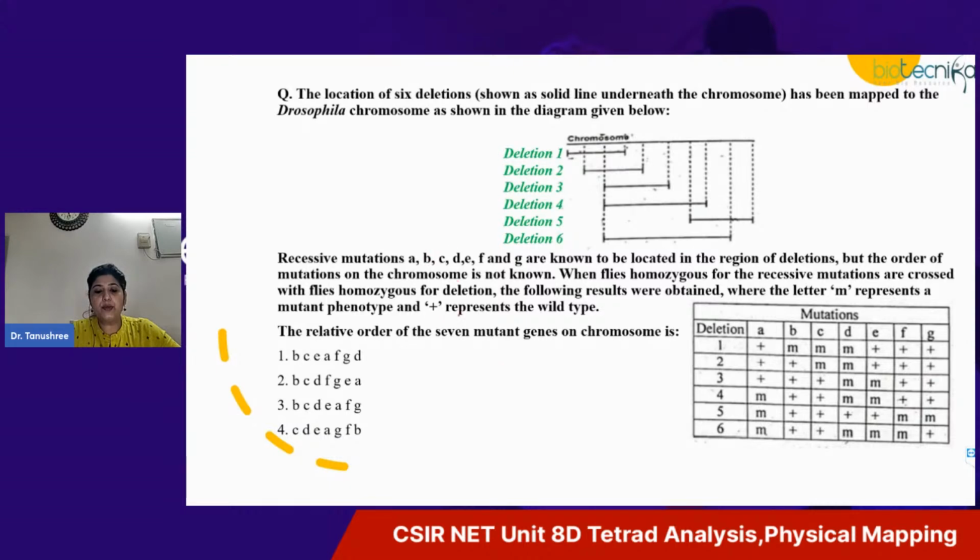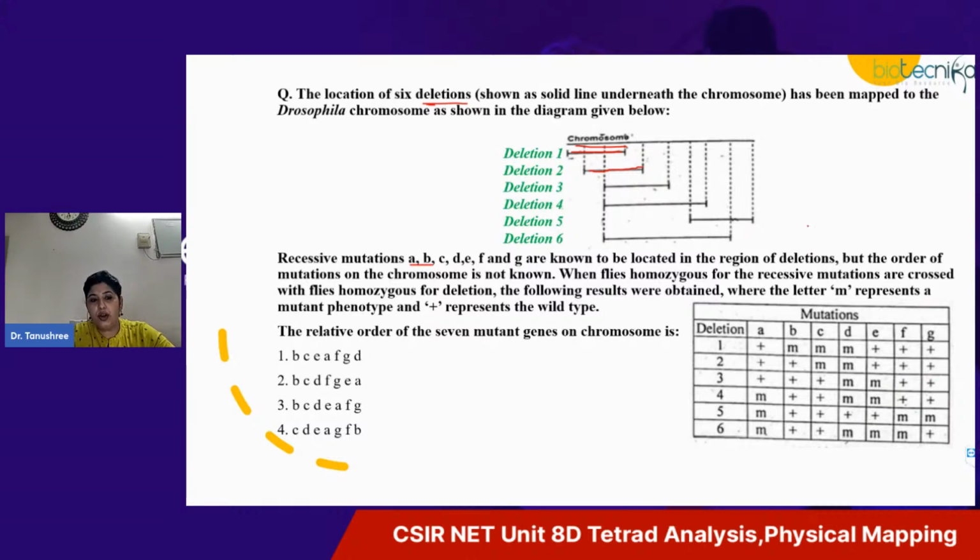So please go through the question and then you can tell me the answer. Here in the question, the locations of 6 deletions, which are shown with these solid lines underneath the chromosome, have been mapped to the Drosophila chromosome as shown in the diagram. Now there are recessive mutations A, B, C, D, E, F, and G, which are known to be located in these regions of deletions.